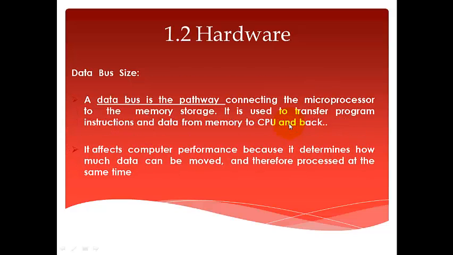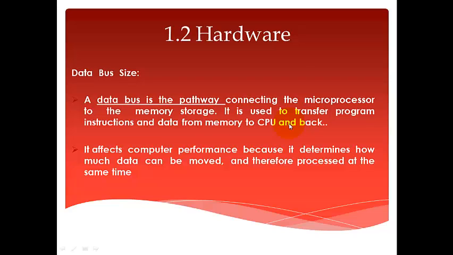It affects computer performance because it determines how much data can be moved, and therefore processed, at the same time. As I said, the processor is very fast, and the processor should be provided with data whenever it needs it, at the speed of the processor. But there are various factors which decrease the speed of the processor. For example, whenever the processor needs data, somebody has to provide it, and the provided data has to travel to the CPU very fast.